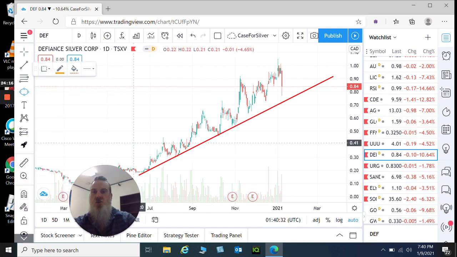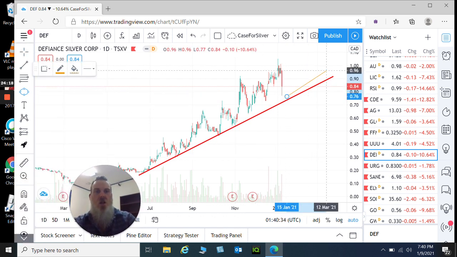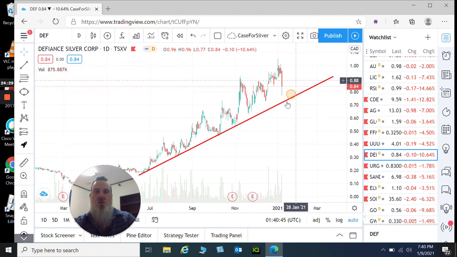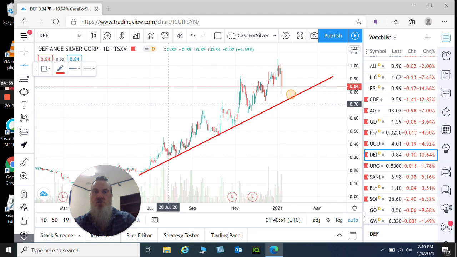Right in here, more down. I don't expect it to take this long. I made this too big. Over here, test this, and then you look at the horizontal lines.